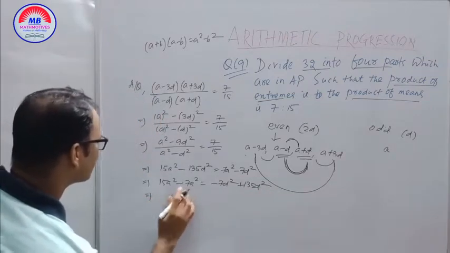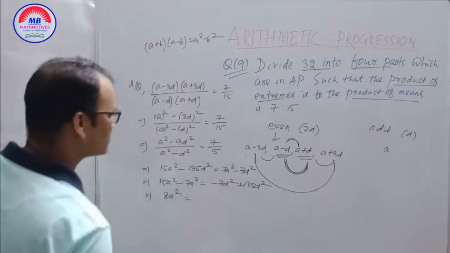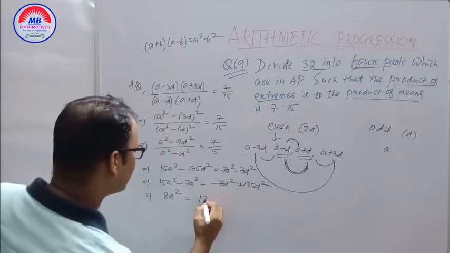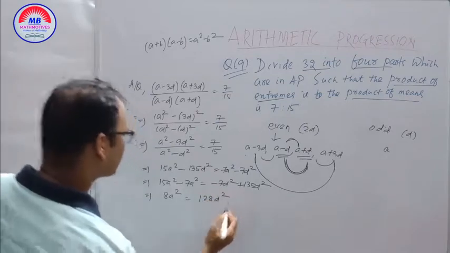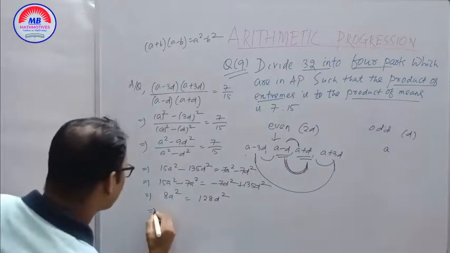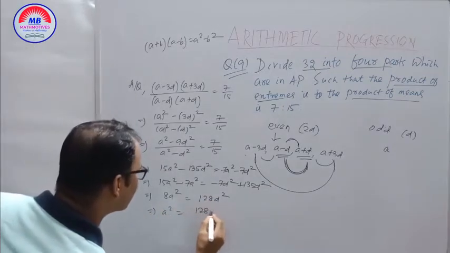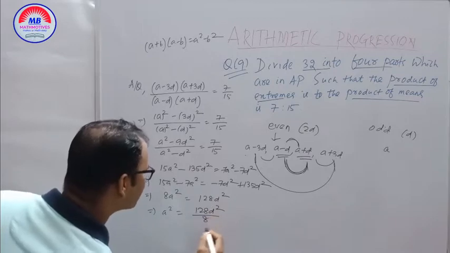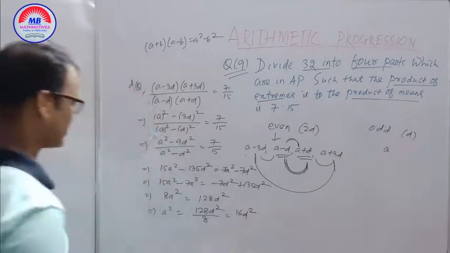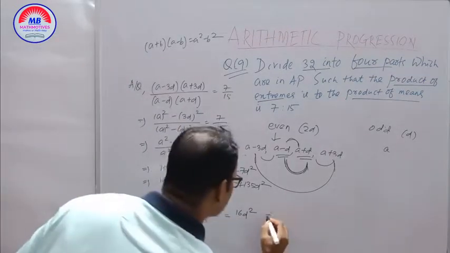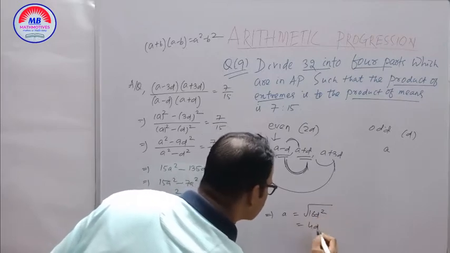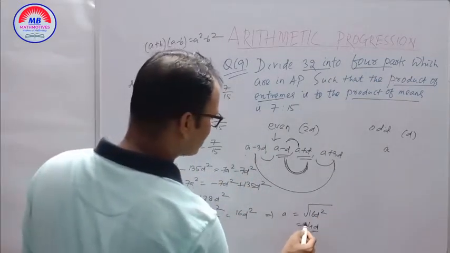That implies here 8a square is equal to 128 d square. Okay, 128, 7 plus 121 equal to 128. A square equal to 128 d square by 8, that is 16 d square. A square equal to 16 d square. Then you can write a equal to square root of 16 d square, equal to 4d. You can take here also plus minus 4d.